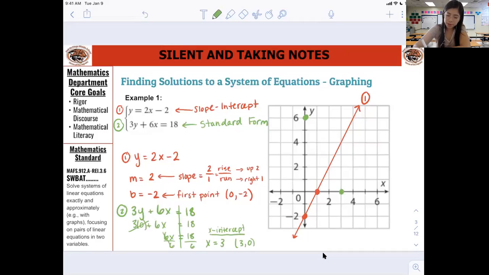Once you have 2 points, you are good to go because now you can connect them and finish your graph. That's an easier strategy then. It's a pretty easy strategy when the numbers are easy. Like in this one, it was easy because when you divide, it came out with nice whole numbers, everyone's happy, and we're good to go.